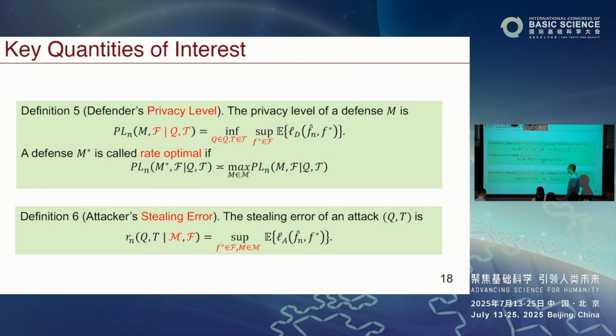Let me restate: for a given defense mechanism, suppose the attacker can choose some query and learning algorithm, what's the best he can do to have uniformly small risk? That's what we call the privacy level of your defense mechanism. Does that make sense to you?